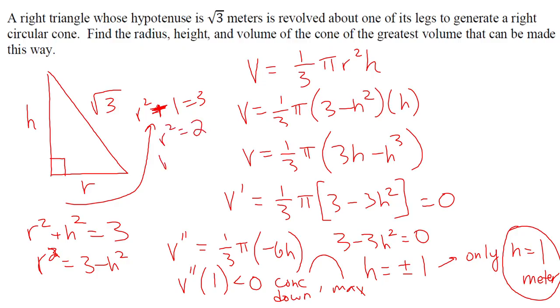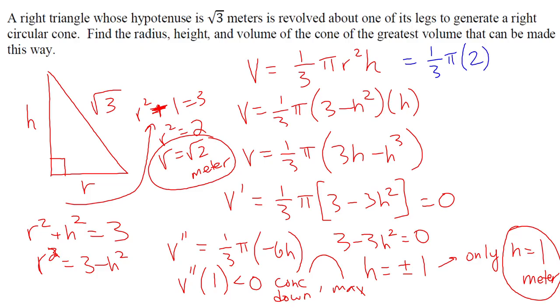Well, we're going to get plus or minus root 2, but really it's just going to be root 2 meters because we're not going to have a negative there. And then to find the actual volume, the volume itself is going to be 1/3 of pi times the radius squared, which is 2, times our height, which was 1, which is 2 pi over 3 meters cubed.